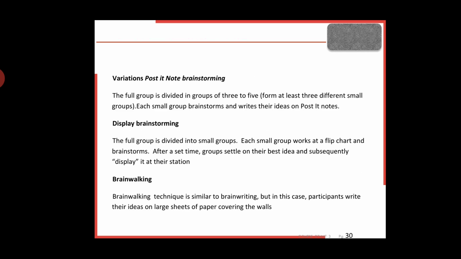If you take one full group, it is divided into 3 groups or 5 groups, approximately your wish. If we have to form at least 3 small groups, one group has 5 members, another group has 5 members, and one more group has 5 members.